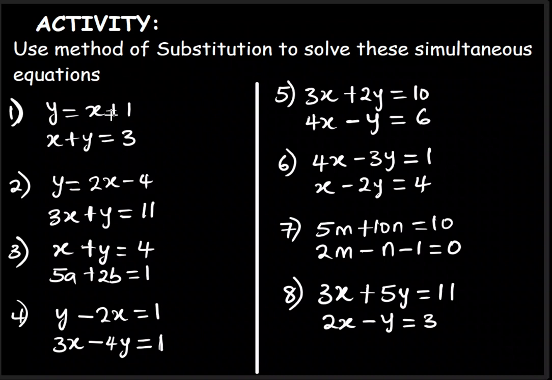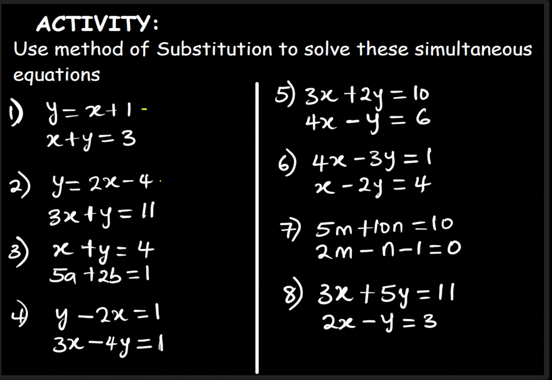Now, in number 1 and number 2, if you look at equation 1 and equation 2, you're already given y equal to x plus 1. So they've already made one of the variables a subject of formula. They've given you y as a subject of formula already. In number 2, the same thing, they've given you y also as a subject of formula.